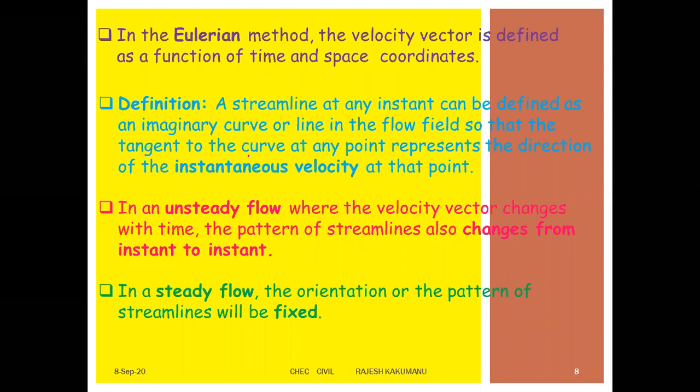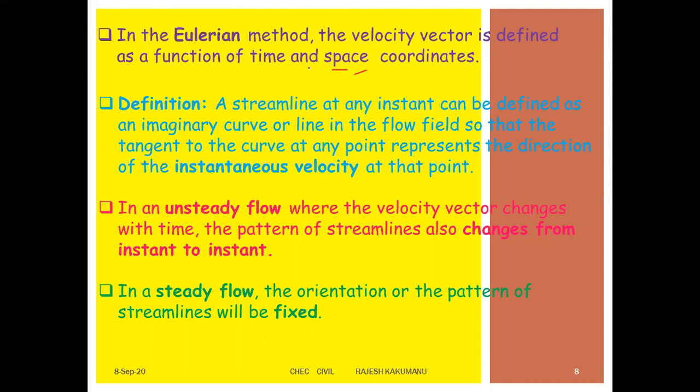In the Eulerian method, the velocity vector is defined as a function of time and space coordinates. That is V of u, v, w, as functions of x, y, z and t. These are imaginary things, which we took from the space coordinates along with the function of time t.